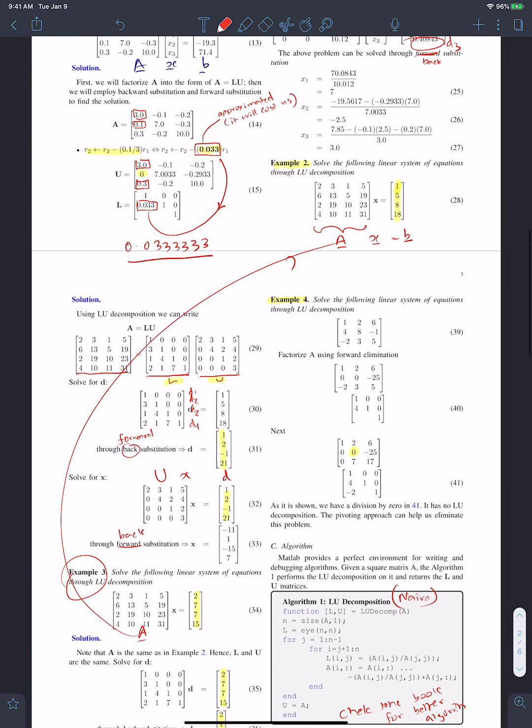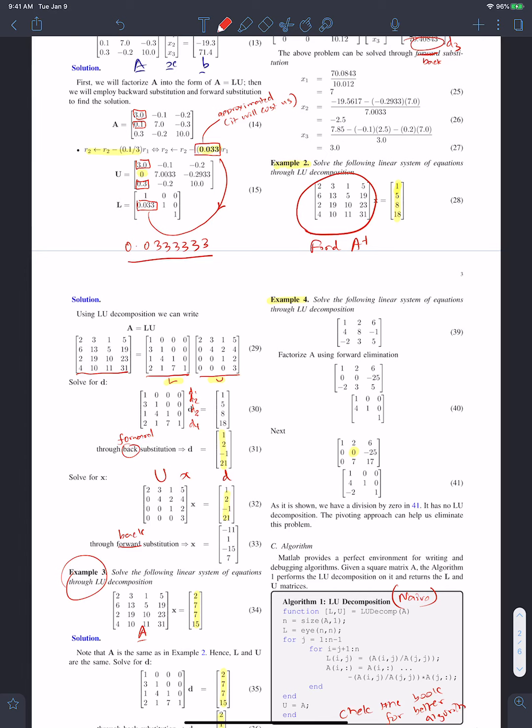So A is here, so that is A. Let me write this a little. You can find the inverse of this A. Find A inverse. So you have to solve four problems.